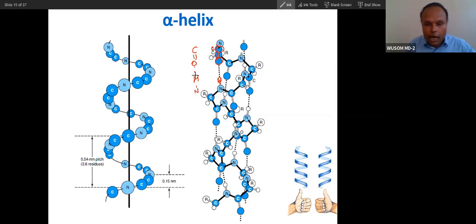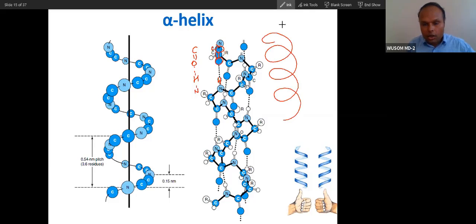This attraction is called hydrogen bond. This hydrogen bond is helping the secondary structure to form this spiral, because there will be attraction like this. So this attraction holds this structure.